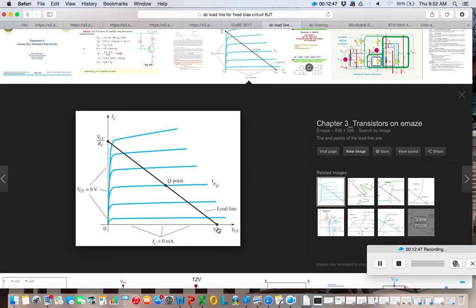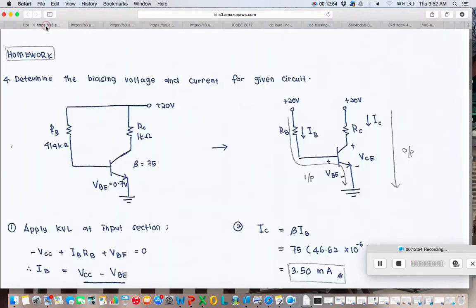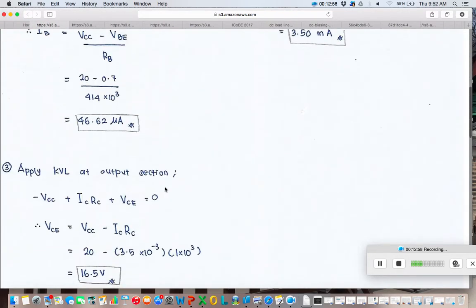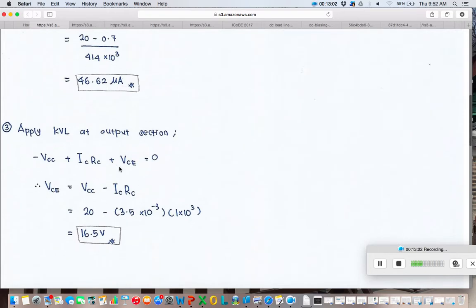How can you draw the DC load line here? You need to use KVL at the input section or KVL at the output section. Correct, you need to use KVL at the output section, because only at the output section do IC and VCE exist.